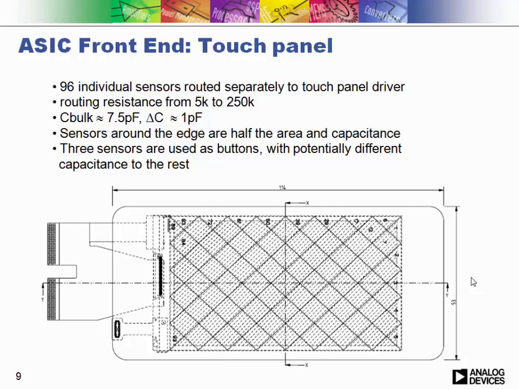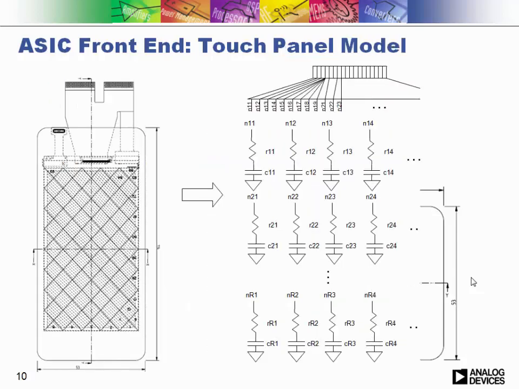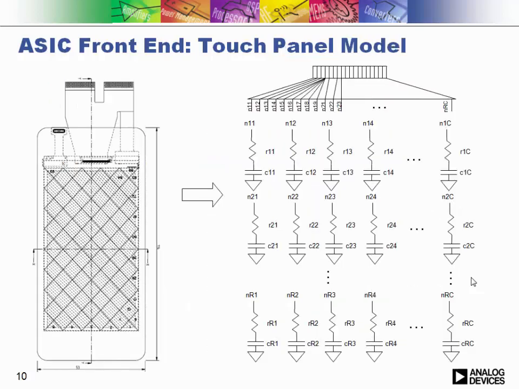And that was one of the advantages of using this single ITO panel. At the first cut, we modeled these as individual caps, one per sensor. In order to design the system, we needed a model to simulate the panels. So we started with this, completely independent, with some routing resistance to each sensor.